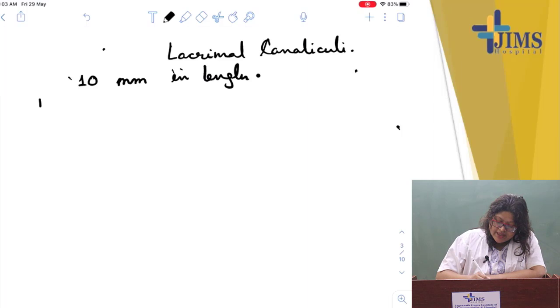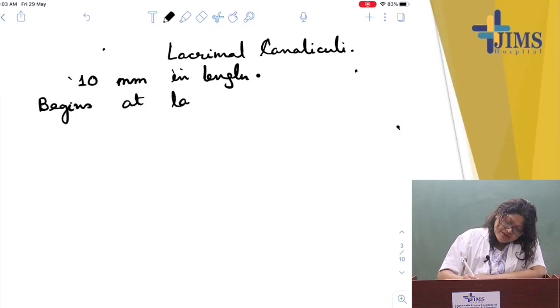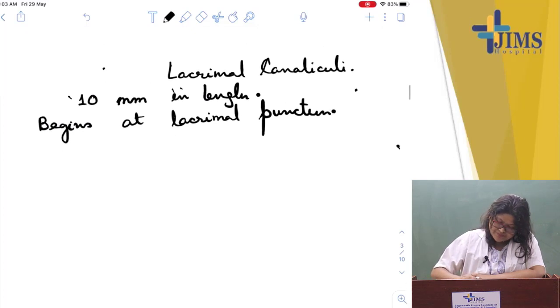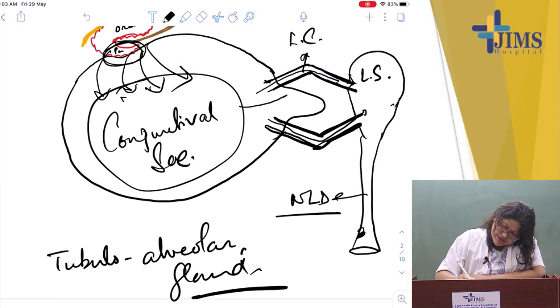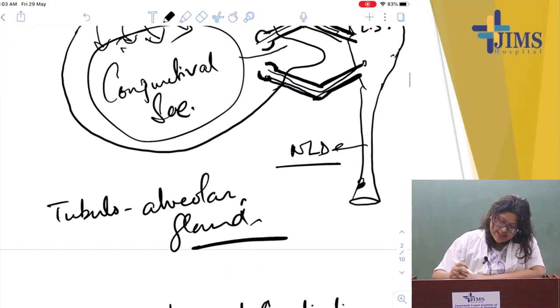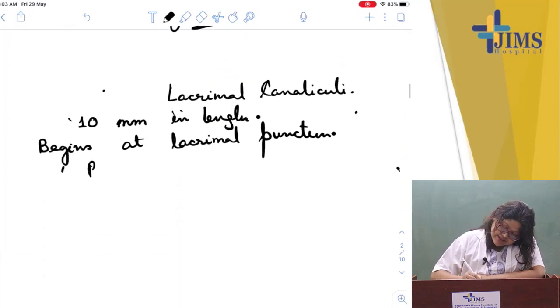Each canaliculus begins at the lacrimal punctum. If we see here, there is a swelling. This is known as lacrimal punctum, and then they are bent at acute angles.